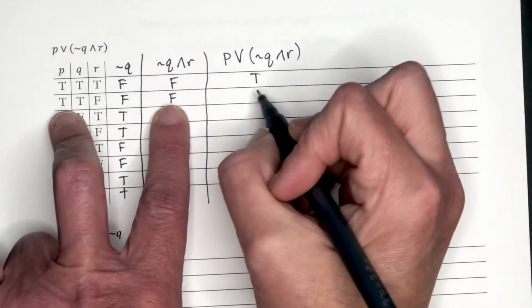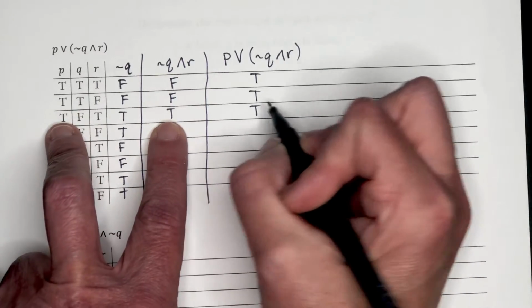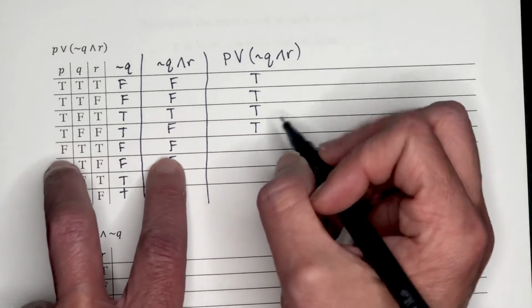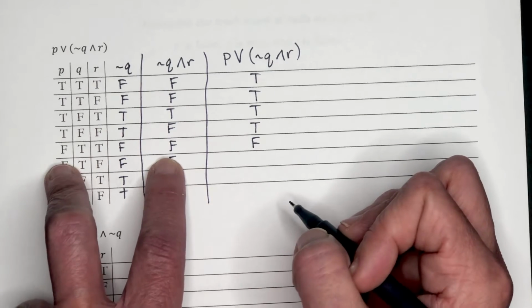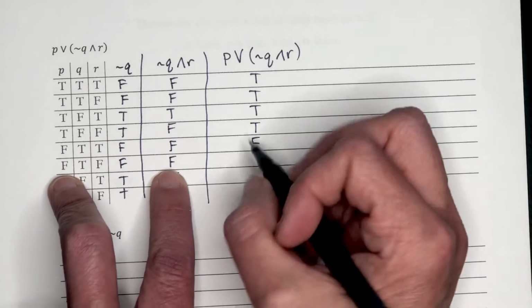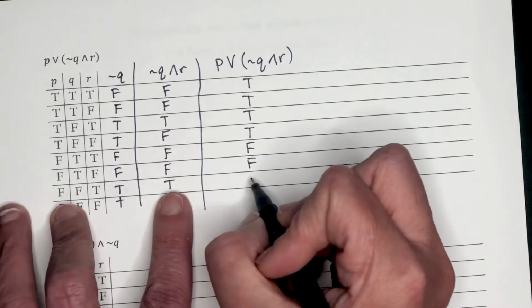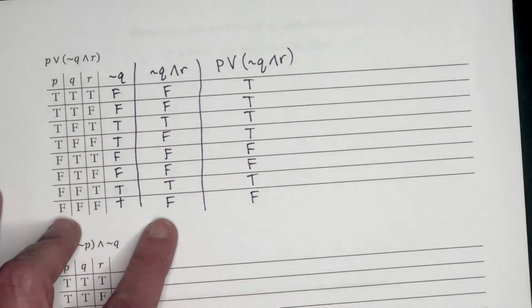True or false, which is true. True or true, it's true. True or false, true. False or false, that one's false. That's the only case that's false. False or false, false. False or true, that's true. False or false is false.